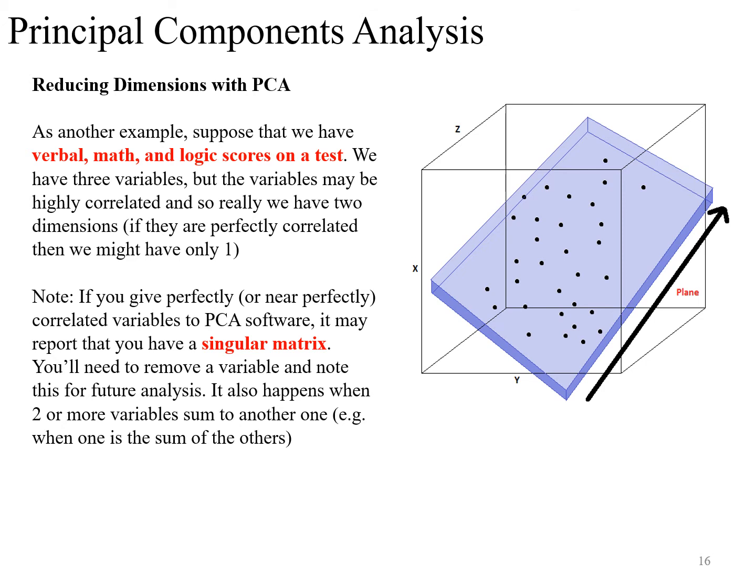This can also happen when 2 or more variables sum to another. So for instance, with those land fractions that we looked at earlier, those would, for any individual observation, sum to 1. And in that case, you will likely get a singular matrix. And so you've got to drop out one of the variables.